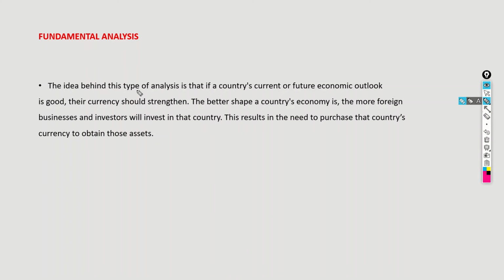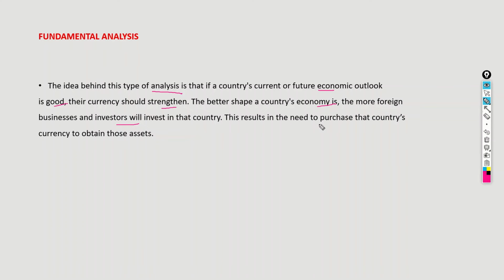So the idea behind this type of analysis is that if a country's current and future economic outlook is good, their currency should strengthen, and therefore you should be looking for a way to buy it. The better a country's economy is, the more foreign businesses and investors will invest in that country.